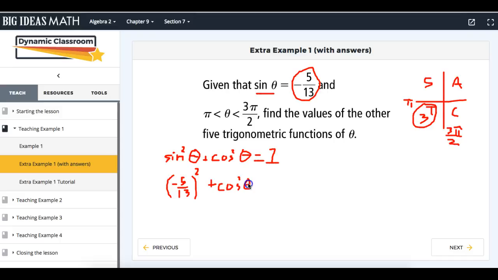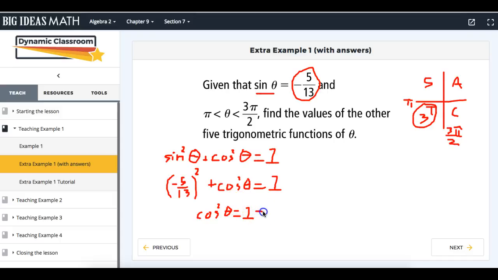All right, so now we've got one equation with one variable in it, the cosine. So now we just solve. Cosine squared is just going to be 1 minus 5 over 13 squared. When you square negative 5/13, it turns into a positive.